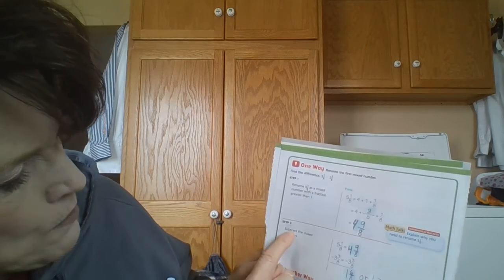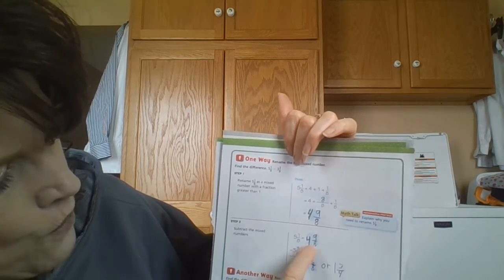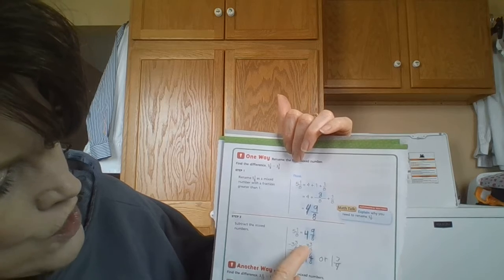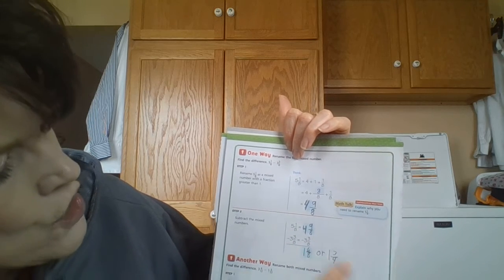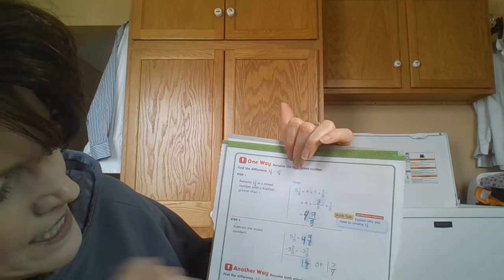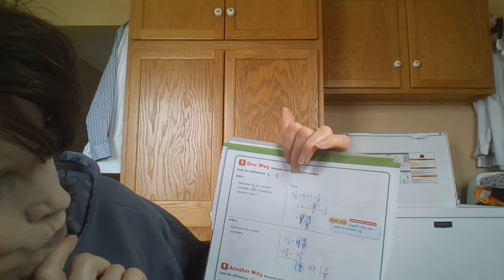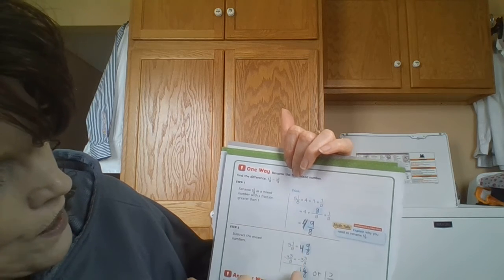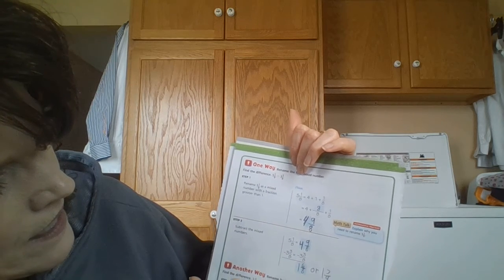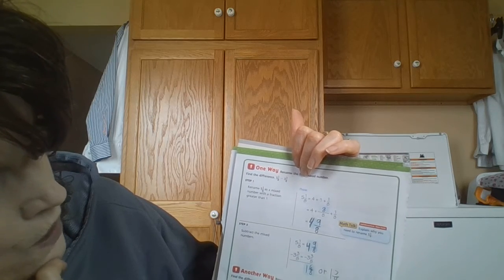Now, subtract the mixed numbers. Then you have 4 9/8 minus 3 3/8. Do the fraction part first. 9/8 minus 3/8 leaves us with 6/8. 4 minus 3 leaves us with 1.